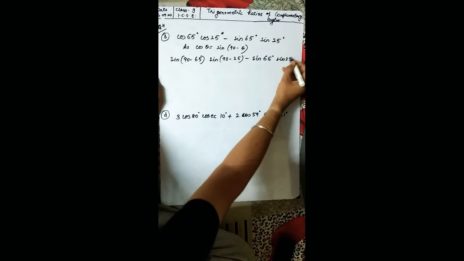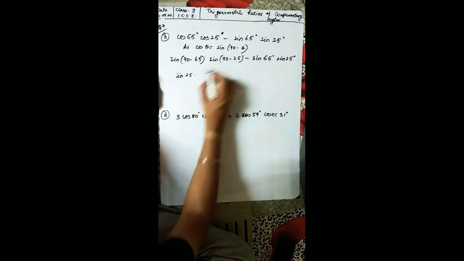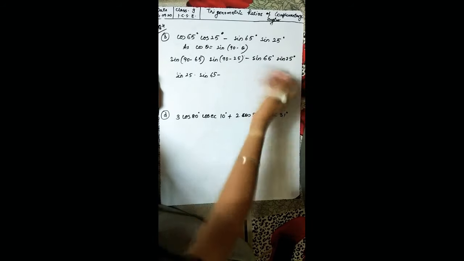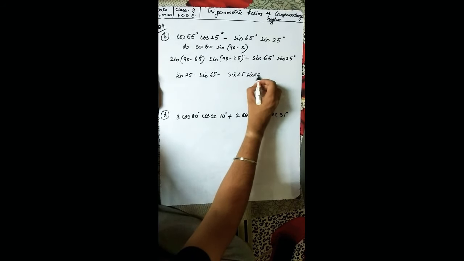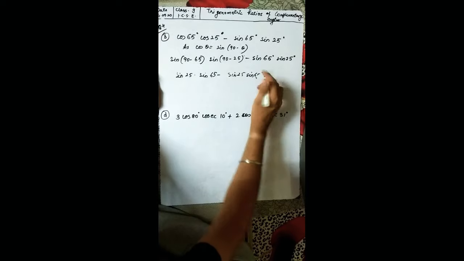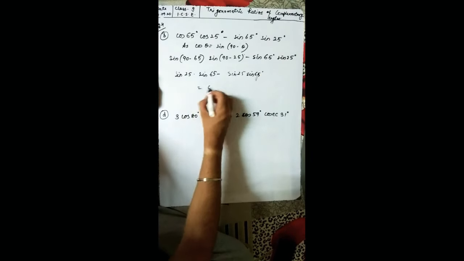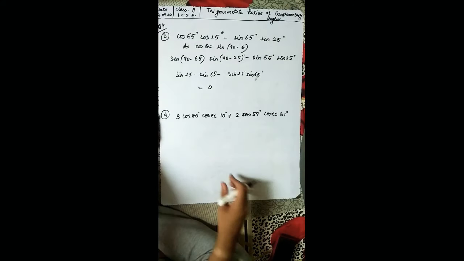Are you understanding? This will give you 25 and this will give you 65, and this is sine 65 into sine 25. I am writing it as sine 25 into sine 65. Can we? Yes, because 1 into 2 is 2 into 1. They both are same, so we can write like this. As they both became same, the answer will finally be 0. So like this you have to do.